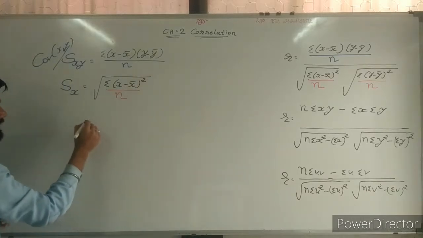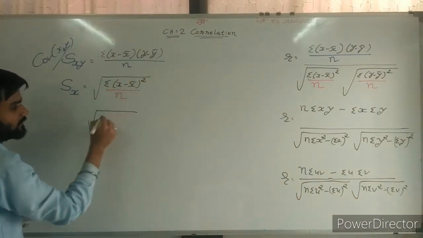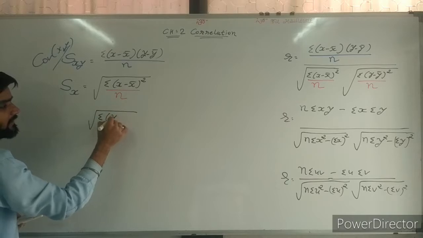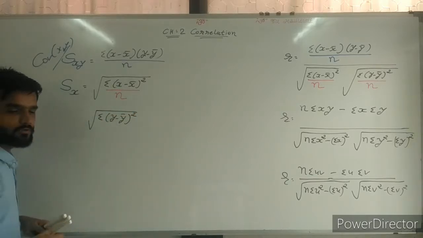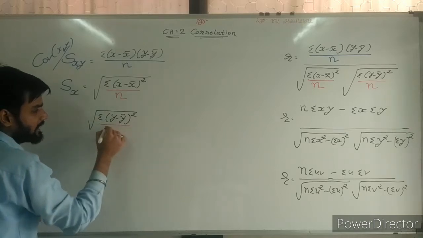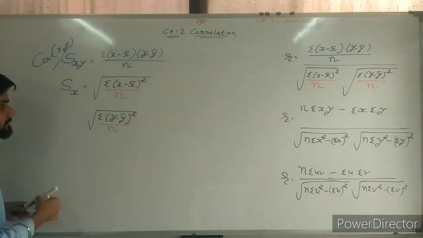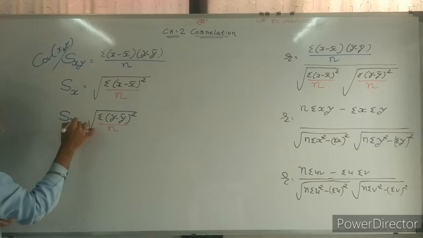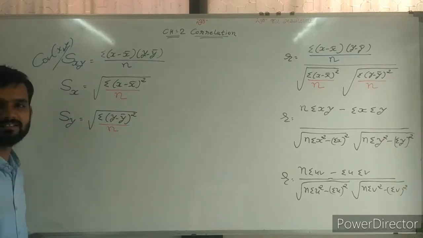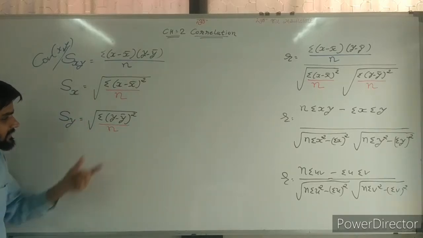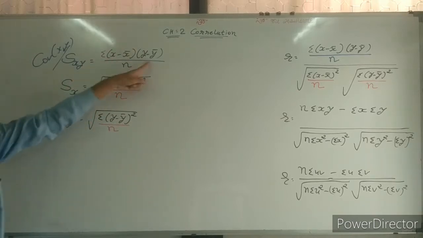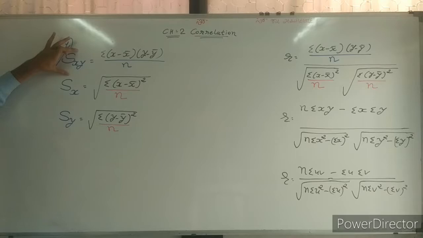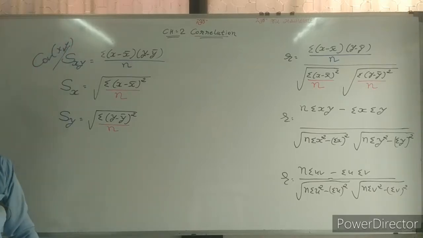Now in the second one, root of sigma (y minus y bar) square divided by n is Sy. Simple. Y is there, so Sy. X is there, Sx. X and y both are there, Sxy, also known as the covariance of xy.